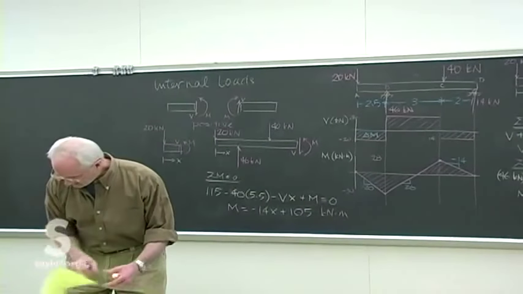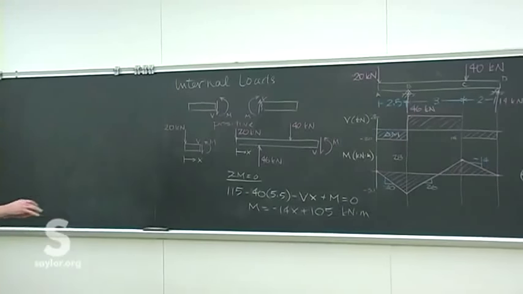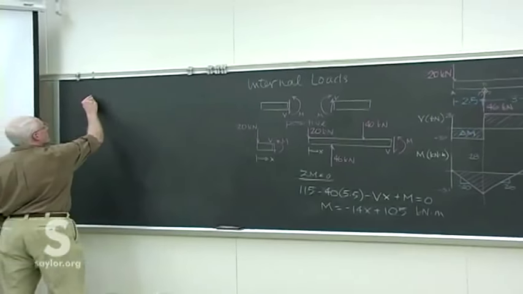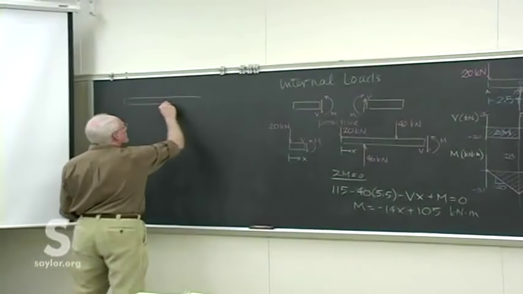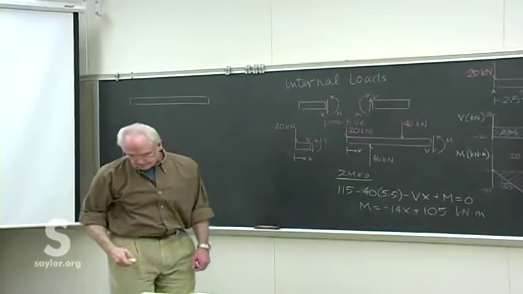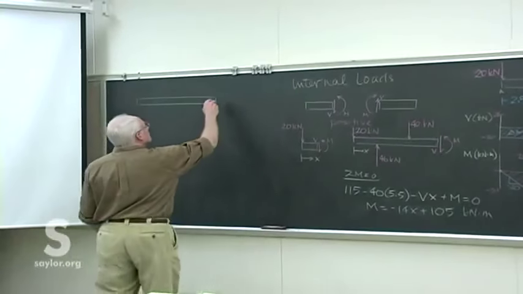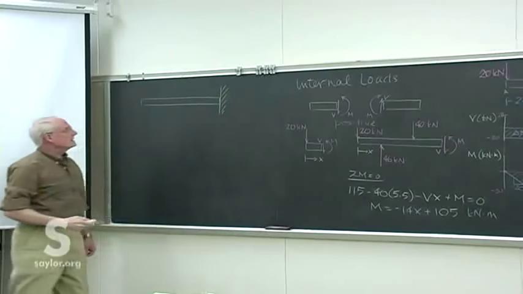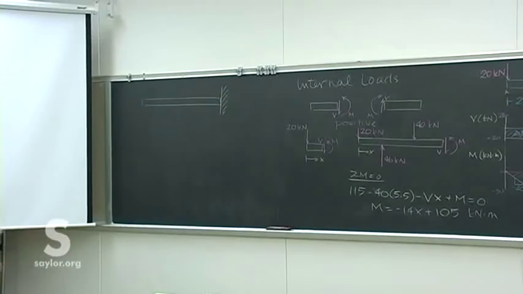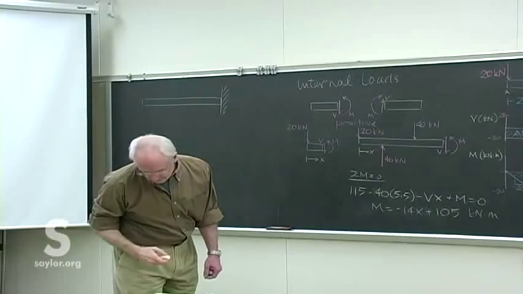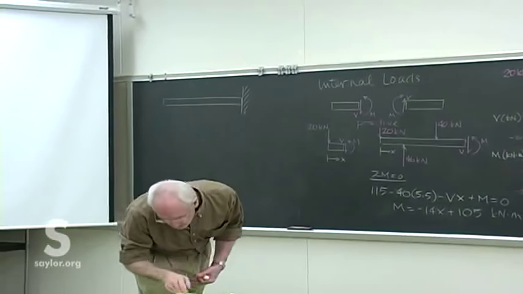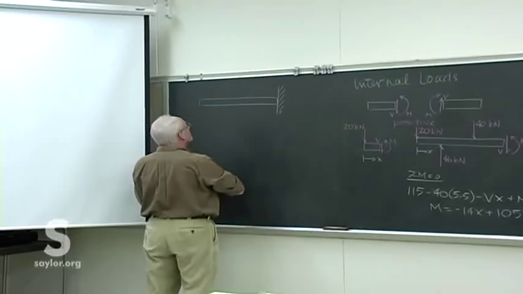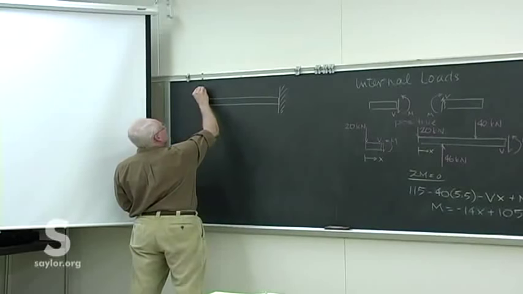And so let's even use that to our advantage and do another one. So, cantilever beam, which means it's embedded in the wall. So, to midpoint, there's a uniform load distribution.